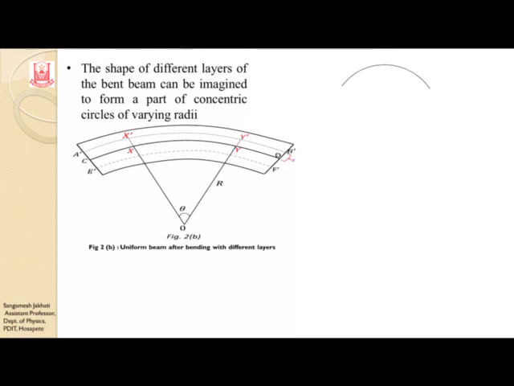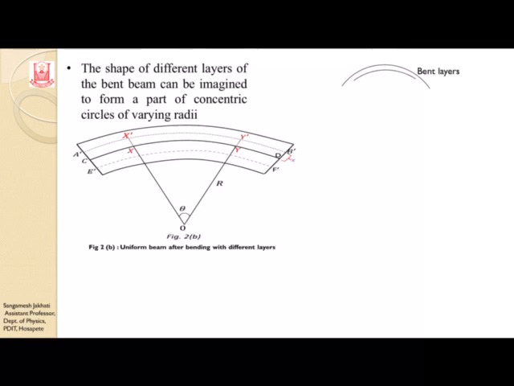Suppose I take any one bent layer, say A dash B dash, and take another bent layer, let us imagine CD. So these are the bent layers.